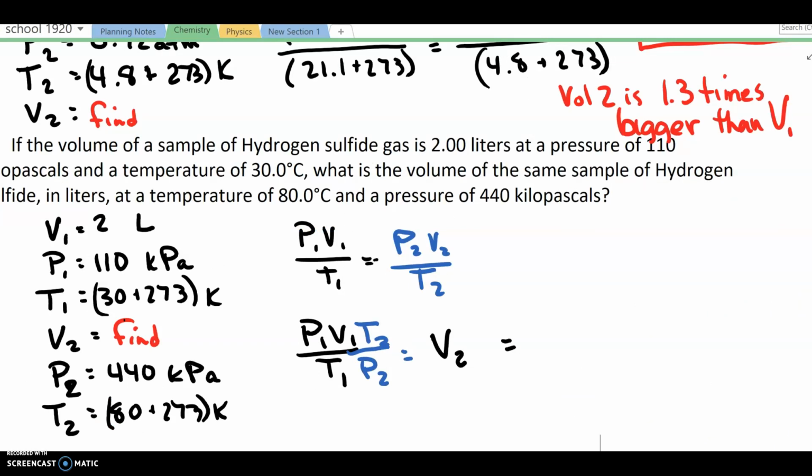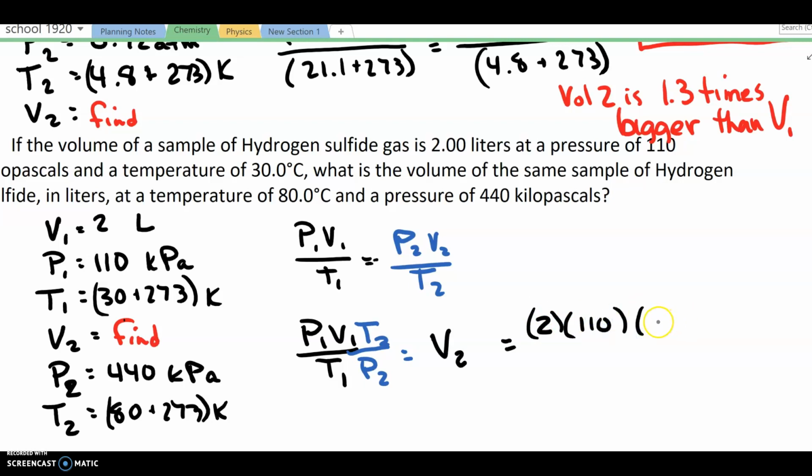So moving on to number 7, probably I should have given you number 7 before I gave you number 6, and it had you do the same combined gas law setup. And so our P1 was 2 liters, V1 was 110 kilopascals.